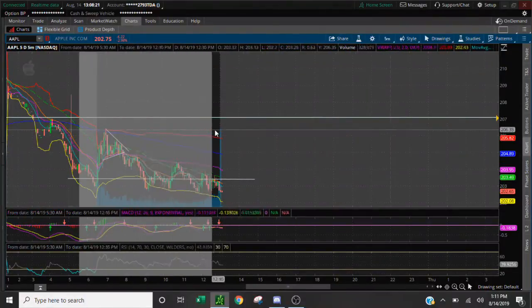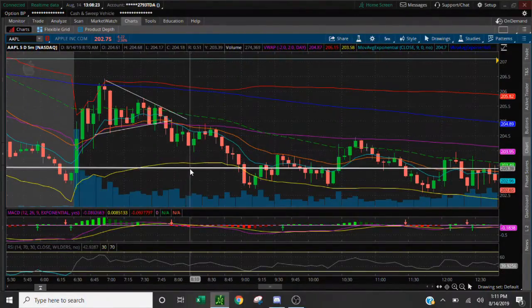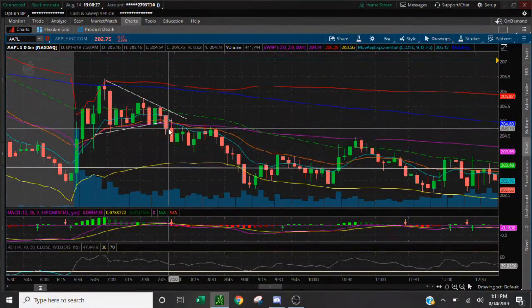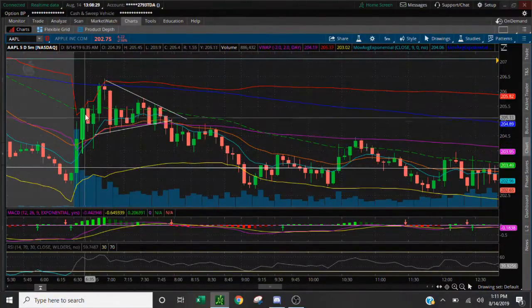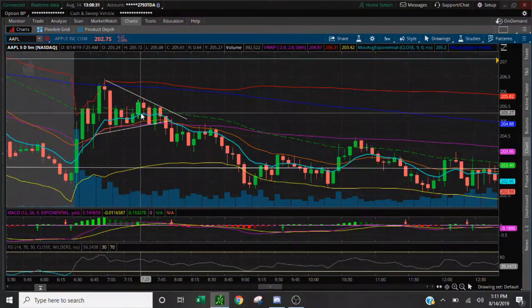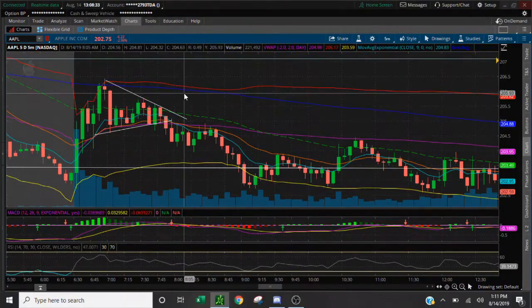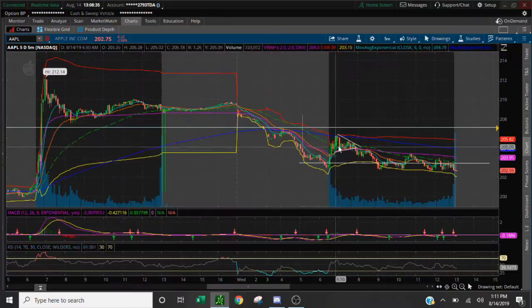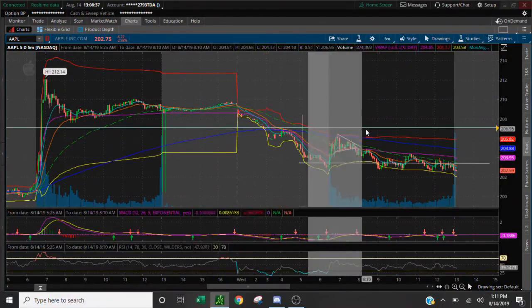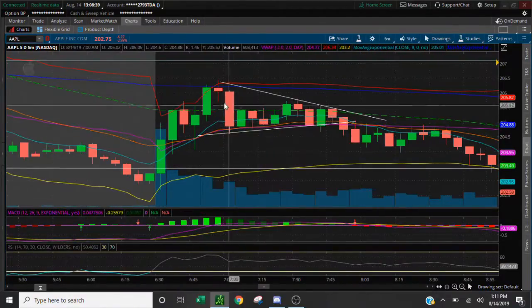You guys that were looking for the short down here honestly should have been taking this thing short up here, right? Because we have two things happening. One, we have this breakdown here of the triangle formation.